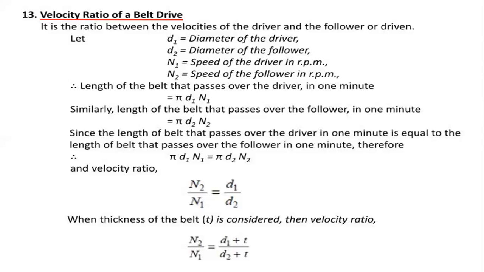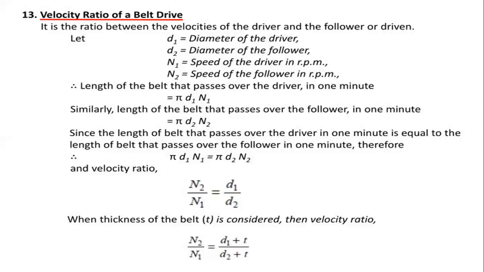So N1 and N2 are the driver and follower speeds. Then we need to take the length of the belt that passes over the driver in 1 minute.